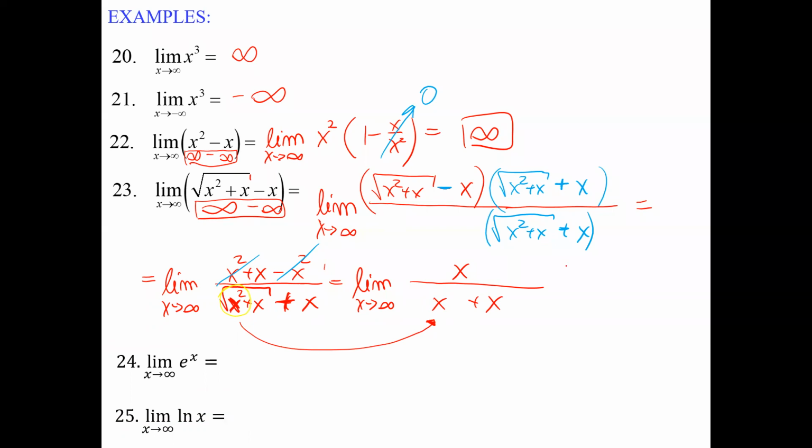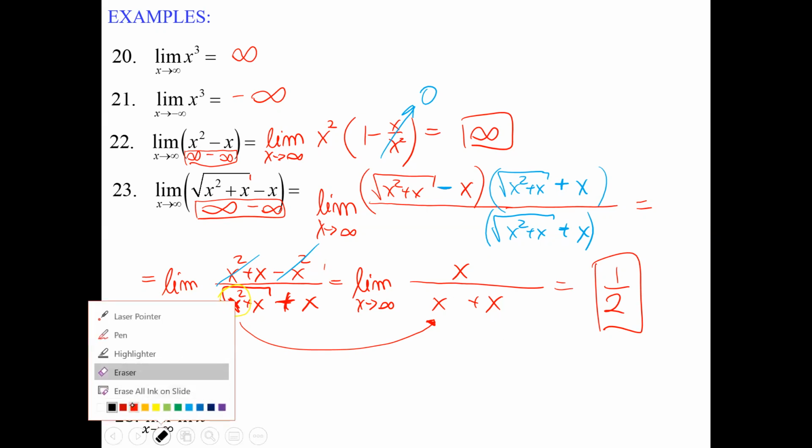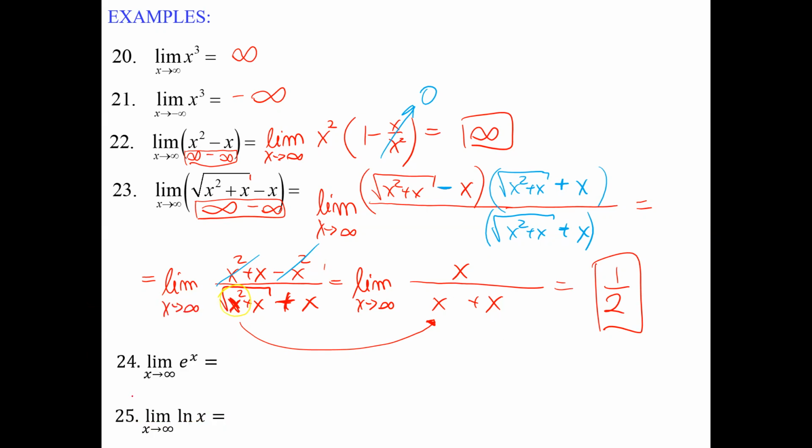And we have the same function, x over 2x, it will be 1/2, right? Because we can simplify, this will be 2x, the x's can be cancelled out, and 1/2. So it's interesting, infinity minus infinity, that's how we started, and we have a finite number.